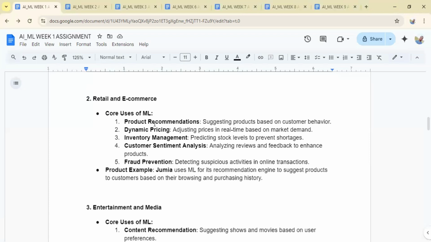An example is Jumia, where they use machine learning for recommending different products based on what you have searched or based on a particular product you have bought from the online store.